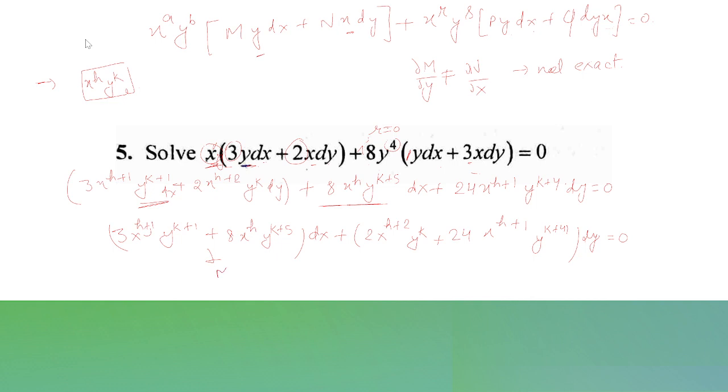This is m dx plus this is n dy. After multiplying the integrating factor we get the differential equation exact, and exact means del m by del y equal to del n by del x.